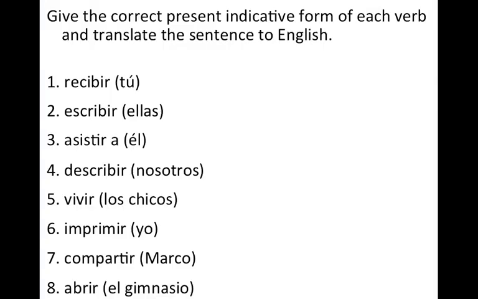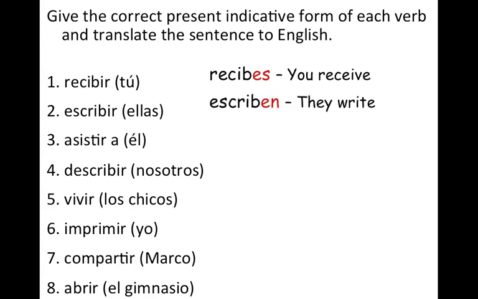So some ejemplos. Give the correct present indicative form of each verb and translate to English just like we did with our ER verbs. Número uno, recibir tú. Tú recibes la tarea. You receive the homework. Número dos, escribir ellas. Ellas escriben mucho.